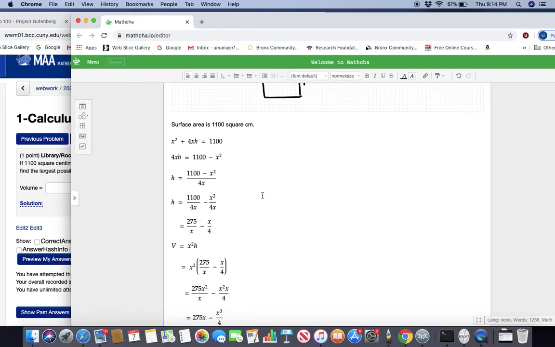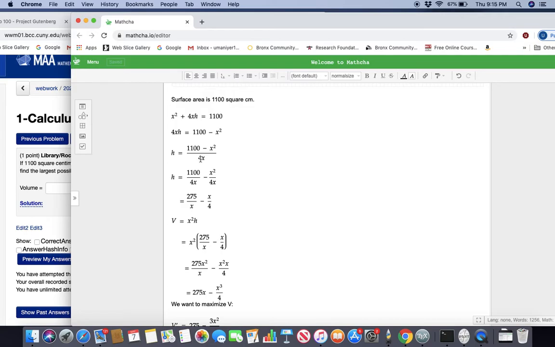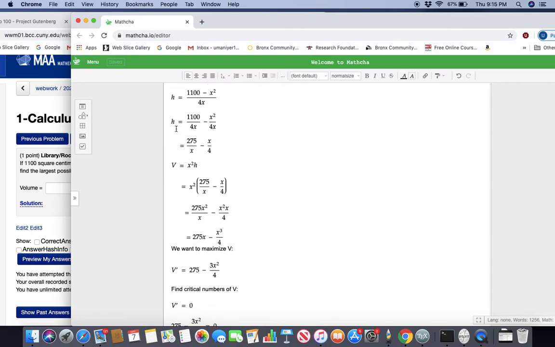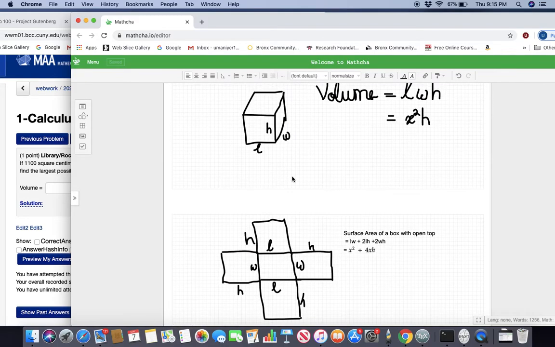So distribute the division: 1100 by 4x minus x squared over 4x. 1100 by 4 reduces to 275. x in the denominator continues. x squared and x, one of the x's gets cancelled, x over 4. So that is my height. Volume formula is x squared times h.